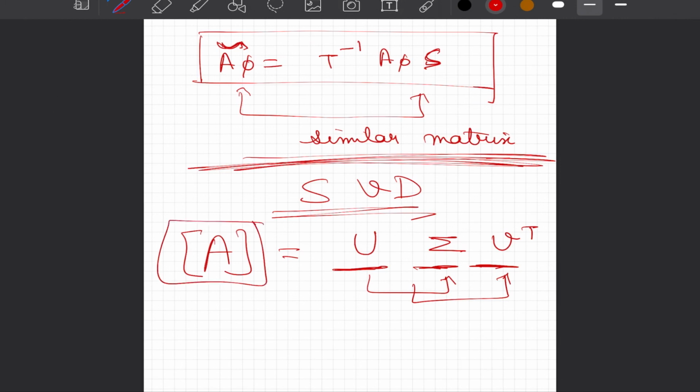That means there is no difference whether you know A or you know these individual components, but more on that later when we go into specific discussions of singular value decomposition.